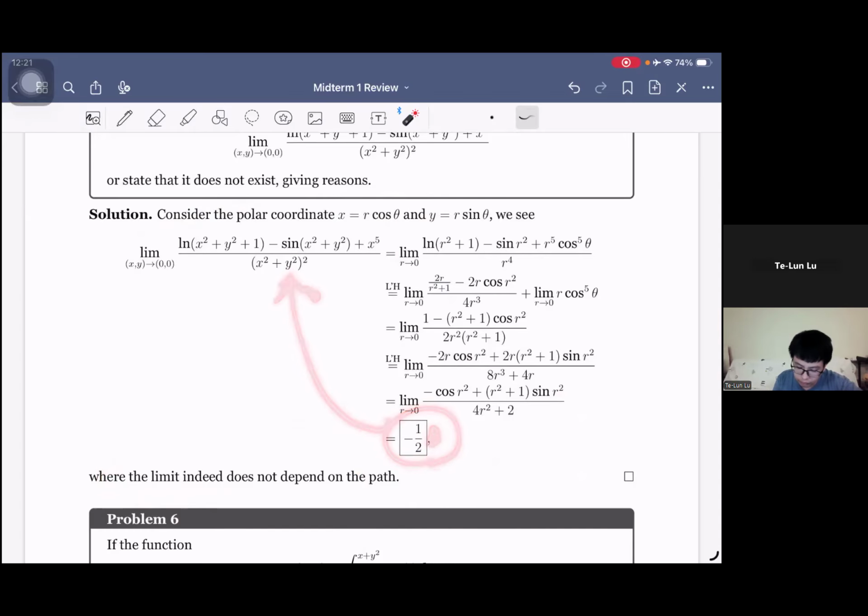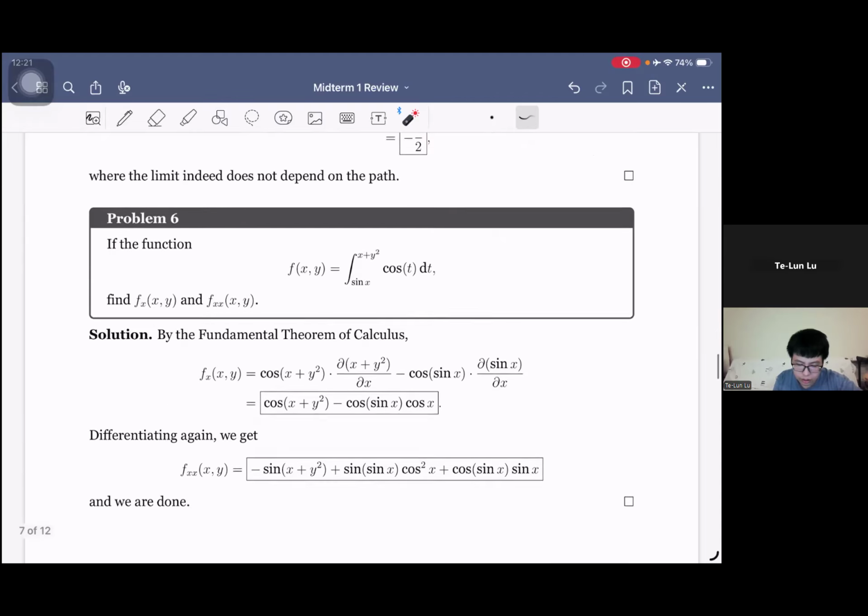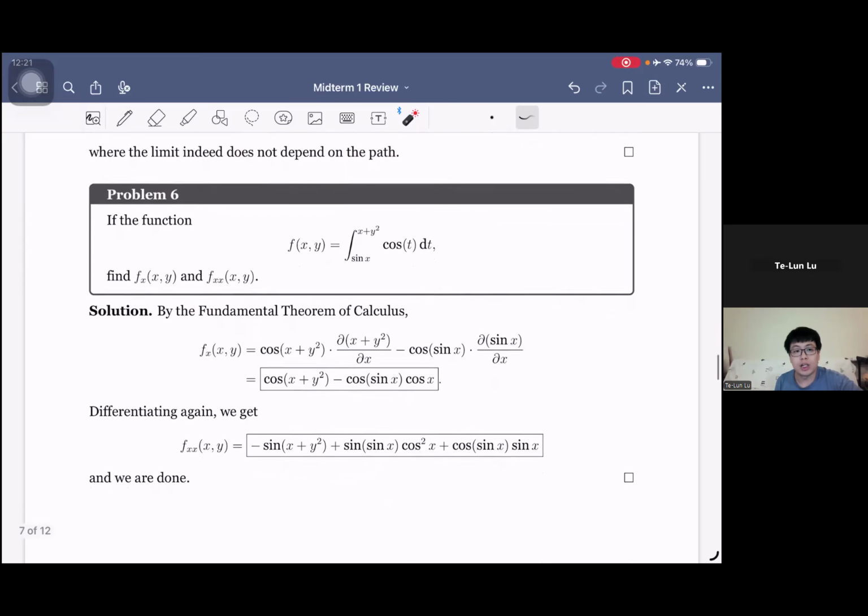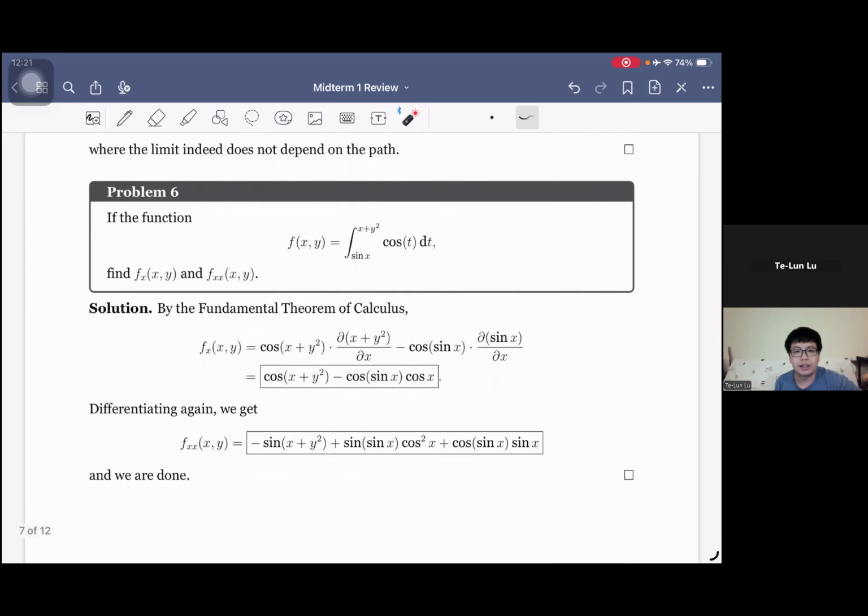Okay. All right. Now let us go through the differentiation part. In this case, I'll give a somewhat difficult example. We have an integral of cosine t, where the lower bound is sine x and the upper bound is x plus y squared. I want you to differentiate f with respect to x, and also with respect to x twice.